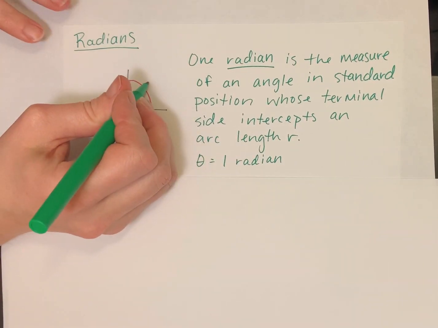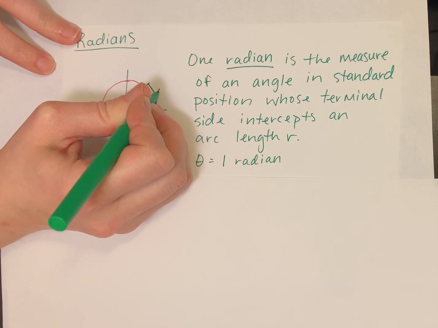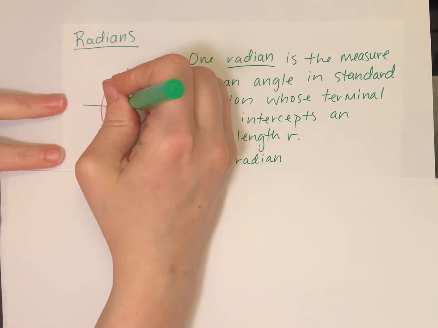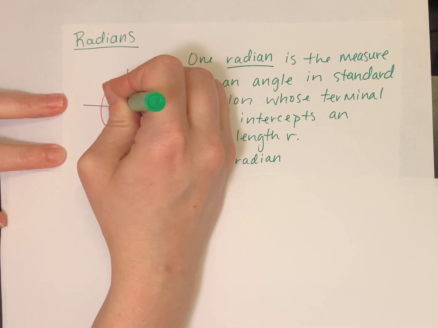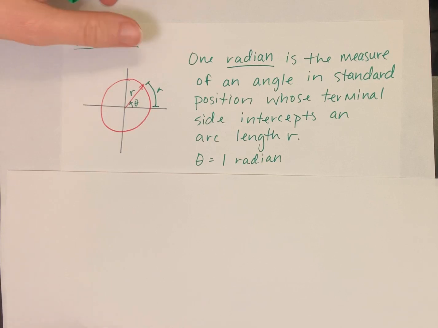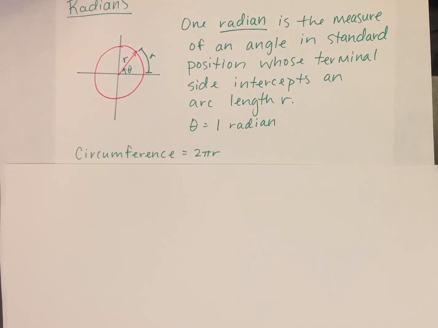So this arc length is r. And then this angle, this theta, is equal to 1 radian.